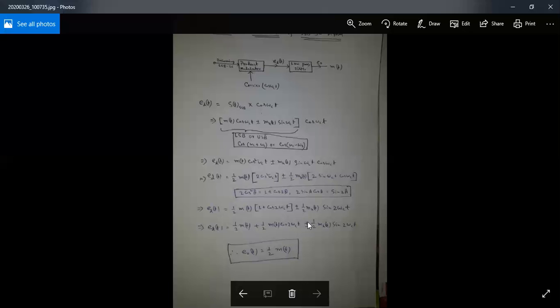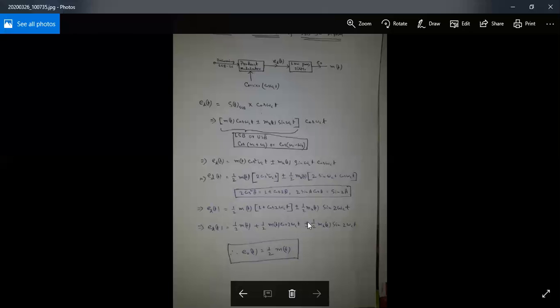The low pass filter suppresses the high frequency component that is centered about plus minus 2 omega c, and as a result we are able to recover the original message or baseband signal from the SSBSC modulated wave, represented as E suffix 0t equal to half of mt, and all other high frequency components are filtered out by the low pass filter. That is all about the detection of SSBSC signal by using synchronous or coherent detection.